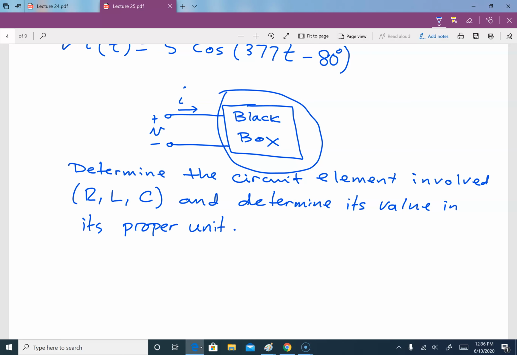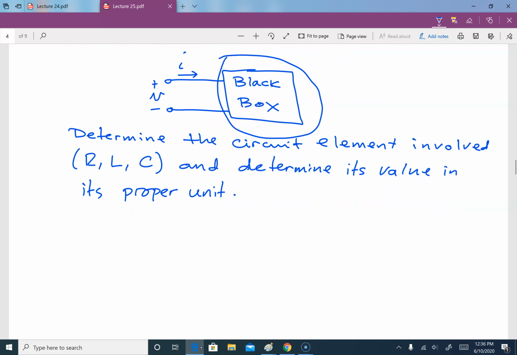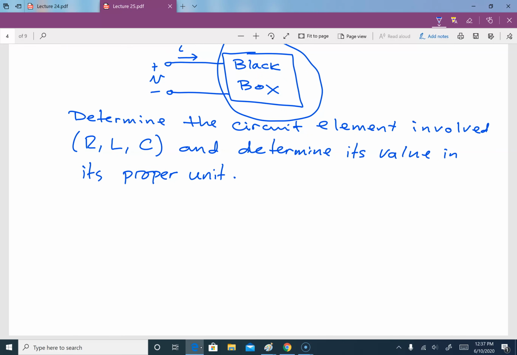What we mean by that is, if it is a resistance, then that should be in ohm. If it is inductance, that should be in Henry. And if it's capacitance, that should be in Farad. That is the proper unit for that element.